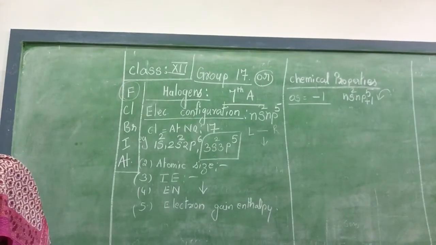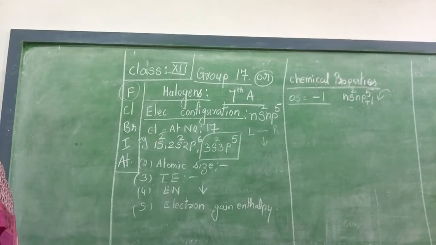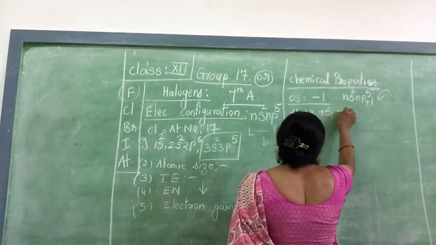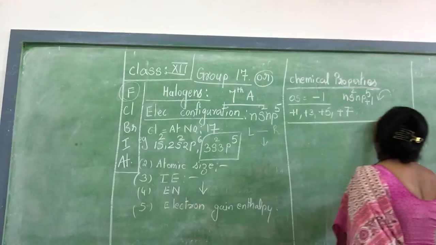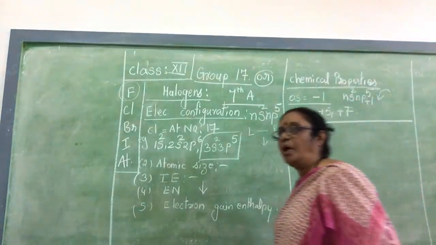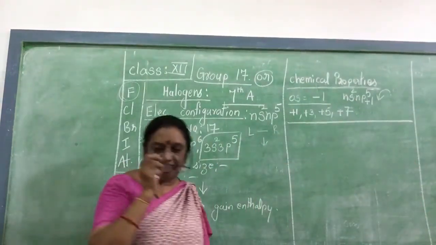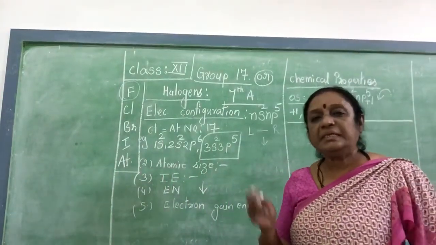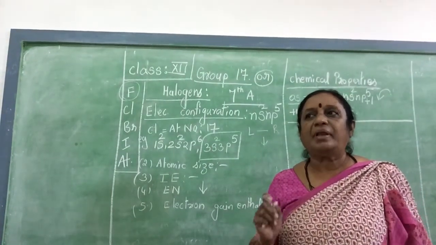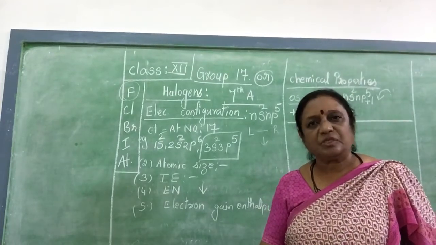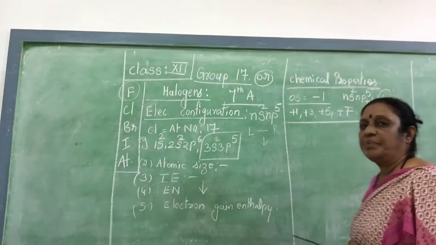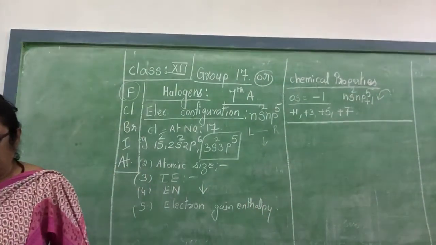But along with the oxidation state -1, chlorine, bromine and iodine also exhibit +1, +3, +5 and +7 oxidation states.